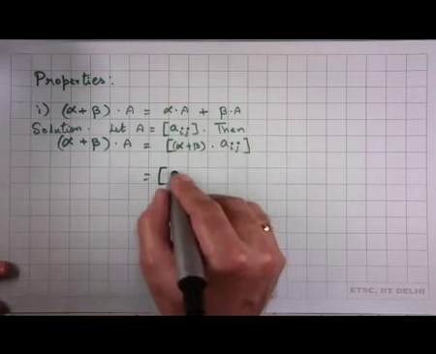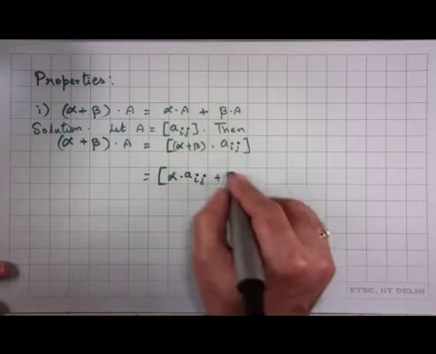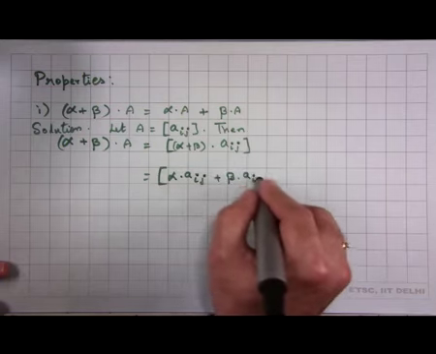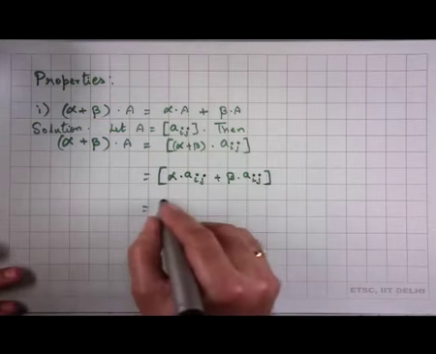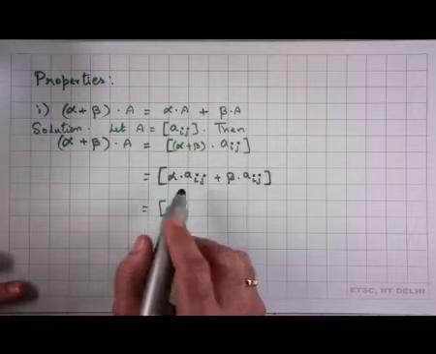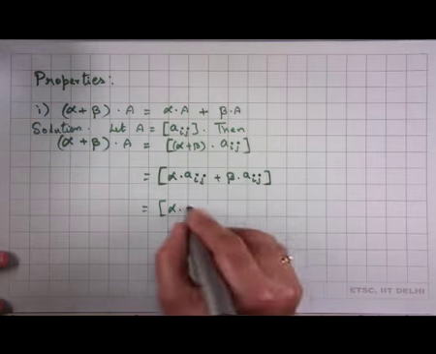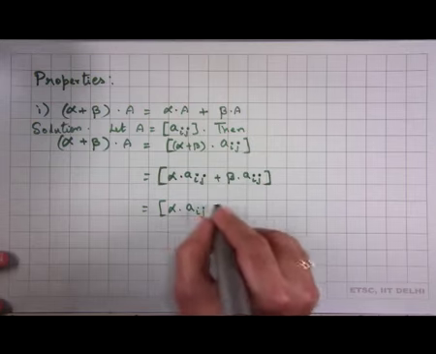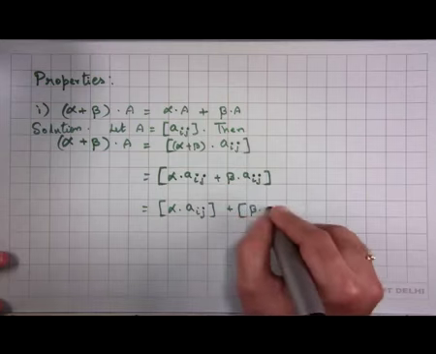So this is the same as alpha dot Aij plus beta dot Aij, and by the definition of addition of matrices, this is alpha dot Aij, this matrix, plus the matrix beta dot Aij.